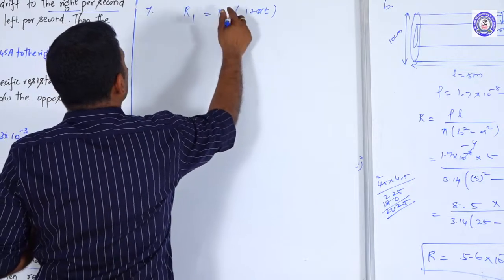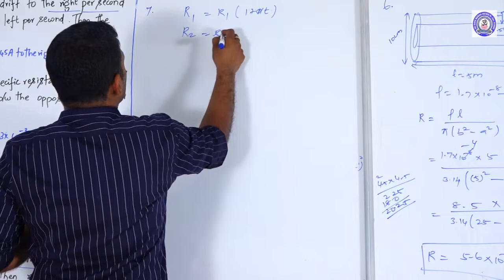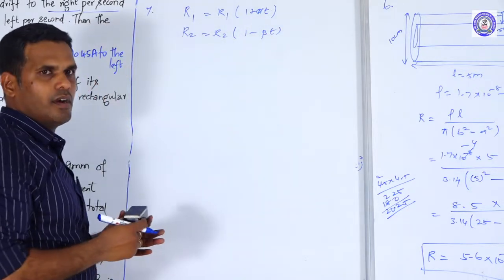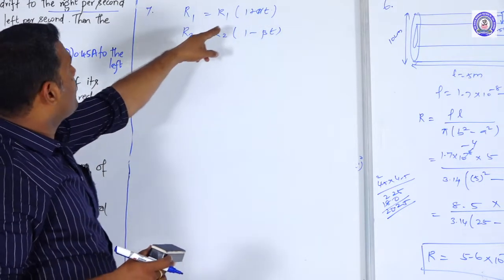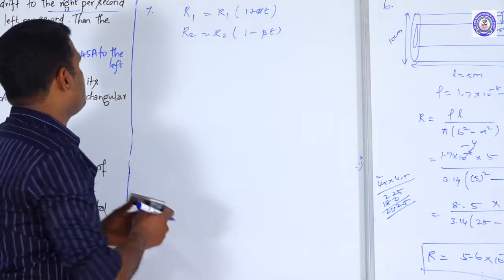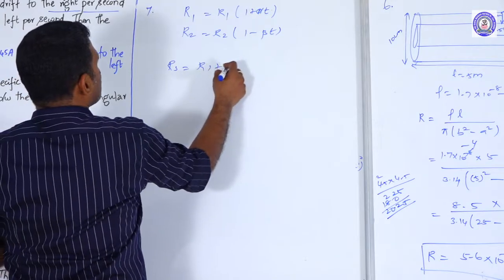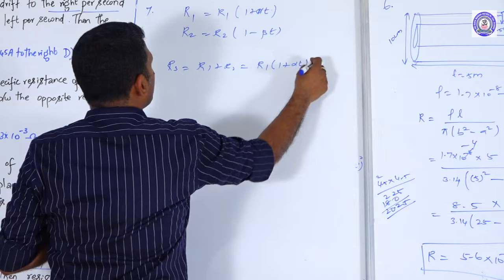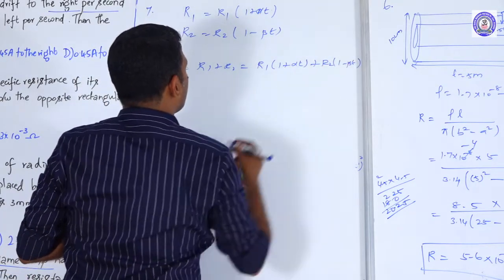I can write R1 equals R1 into 1 plus alpha T, and R2 is equal to R2 into 1 minus beta T, because for the first metal, the temperature coefficient of resistance is alpha, and for the second metal, it is minus beta. When we combine these in series, R1 plus R2 will be equal to R1 into 1 plus alpha T plus R2 into 1 minus beta T.